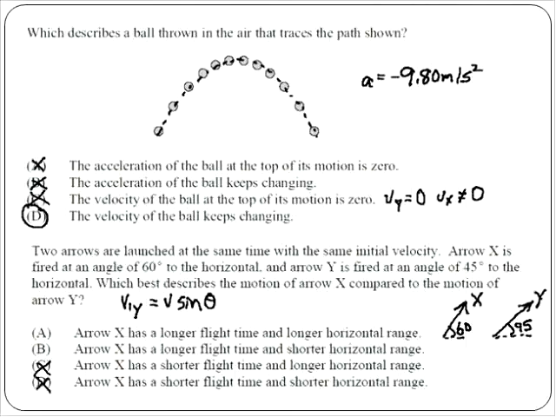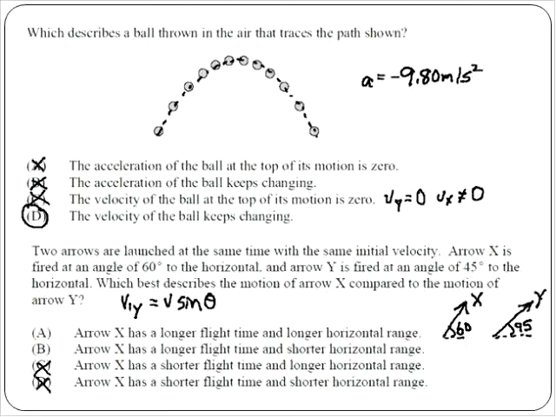Now, there's no numbers given here to work with, so that's what makes it a little bit more difficult. But let me give you a little tip. If you want to get the maximum distance out of a projectile, the optimum angle is 45 degrees. So 45 degrees gives you one of the longest ranges you can get.